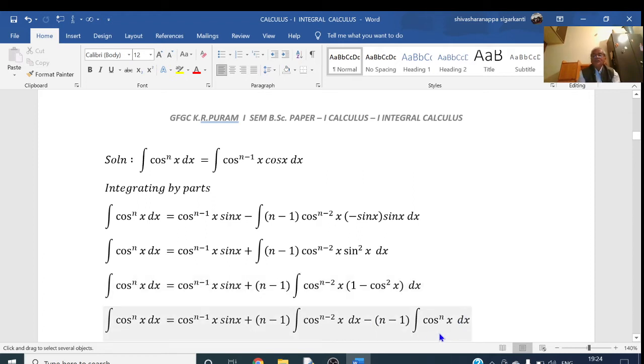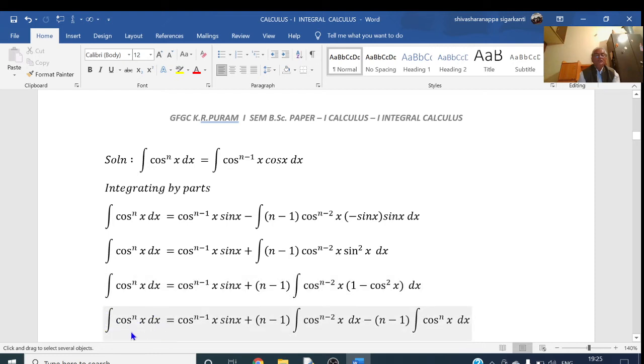Now again taking this term to the left hand side. On the left hand side we have integration of cos x to the power of n dx. If I take this onto the left hand side, this is n minus 1 times and this becomes plus n minus 1. This is n minus 1 times and this is 1 time. So plus 1 minus 1 gets cancelled.